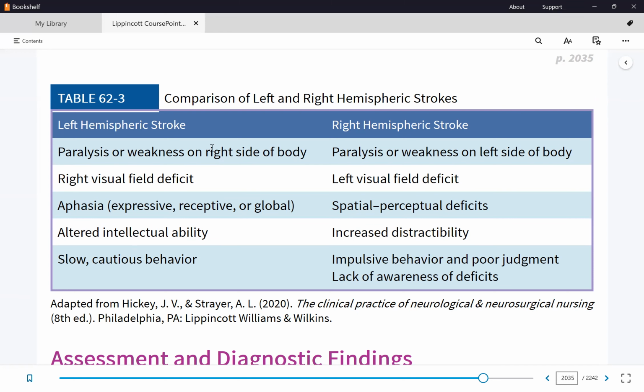So I'm asking, which stroke most likely still functions in society? The right hemisphere strokes.